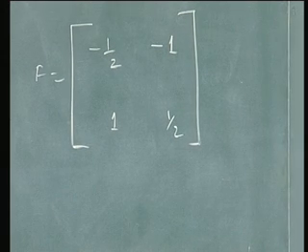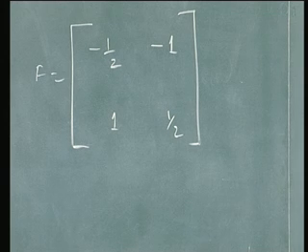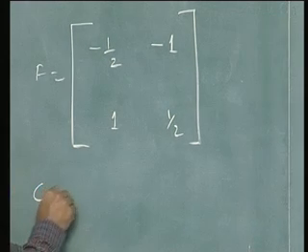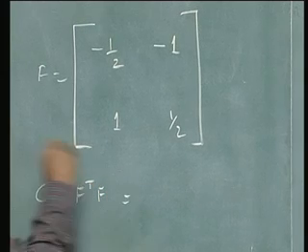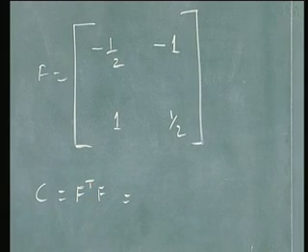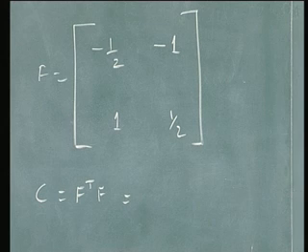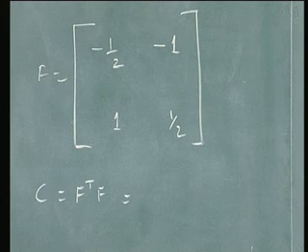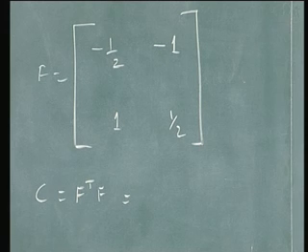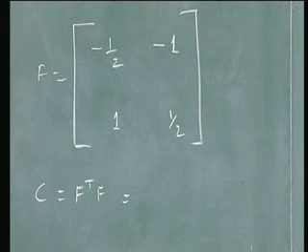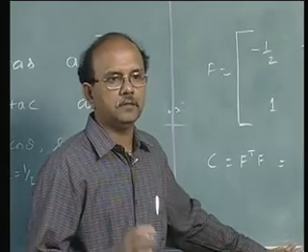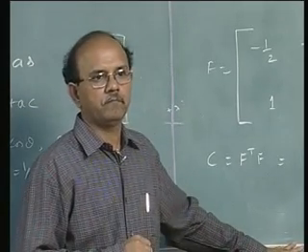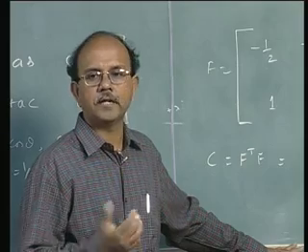So, the first step is to find out C. Okay, look at these steps that I am going to do. C is F transpose F, so determine F transpose F. The steps we are going to follow: find out C, solve the eigenvalue problem, determine the eigenvalues as well as the eigenvectors, and write the eigenvalues of U. What is the eigenvalue of U?